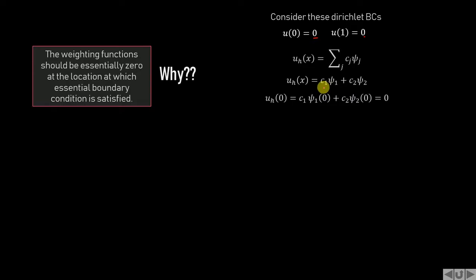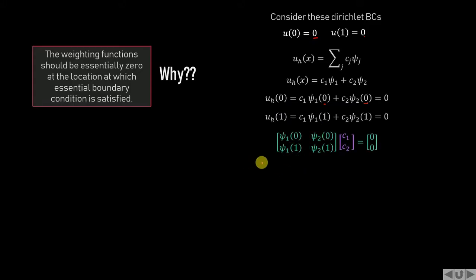So psi 1 and psi 2 are functions of x, and we need to evaluate them at x equals 0. We get one equation. Similarly, we can do it for x equals 1 and get another equation. We can write these two equations in matrix form, and in simpler notation, we write them like this.